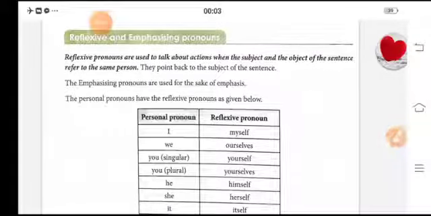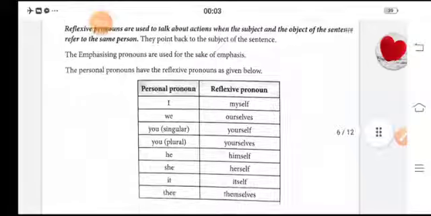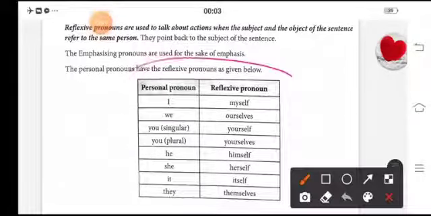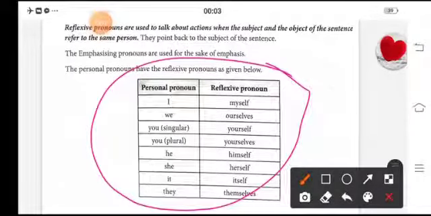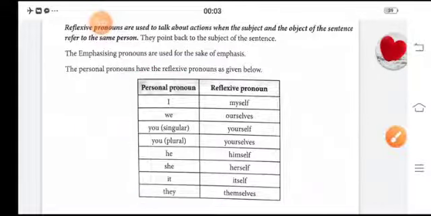As we already know, reflexive pronouns talk about an action when the subject and the object of the sentence are the same. Like I, myself; we, ourselves; you, yourself; you in plural form, yourselves; he, himself; she, herself; it, itself; they, themselves. Exercise E.